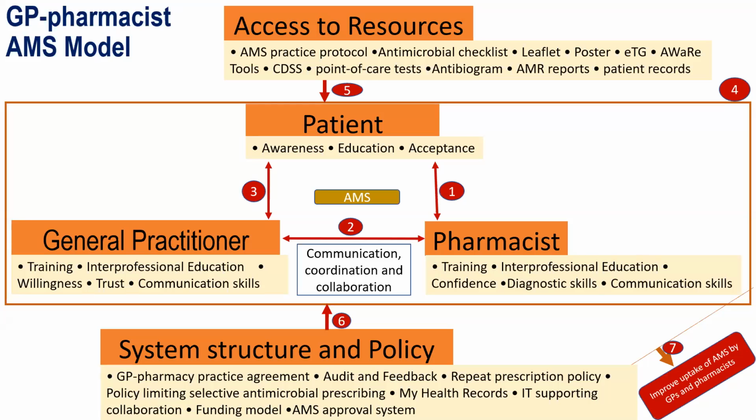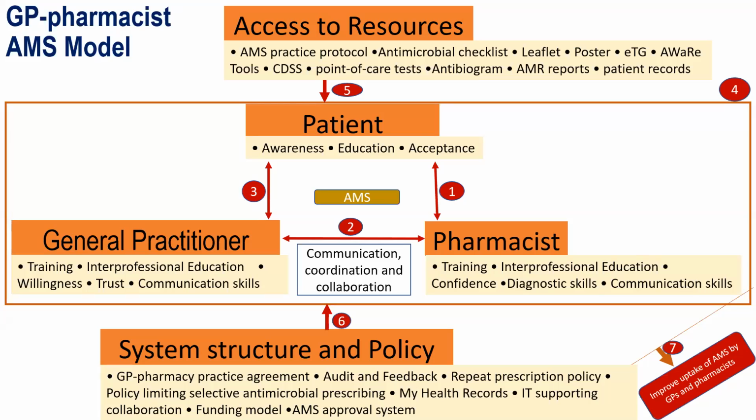And there is a lot of effort we need to promote this collaboration between GP and pharmacy, and especially there is a necessity in terms of a GP-pharmacy practice agreement. That kind of model might facilitate implementing some kinds of interventions. And the repeat prescription policy has been changed a bit, the 12-month validity has been reduced.